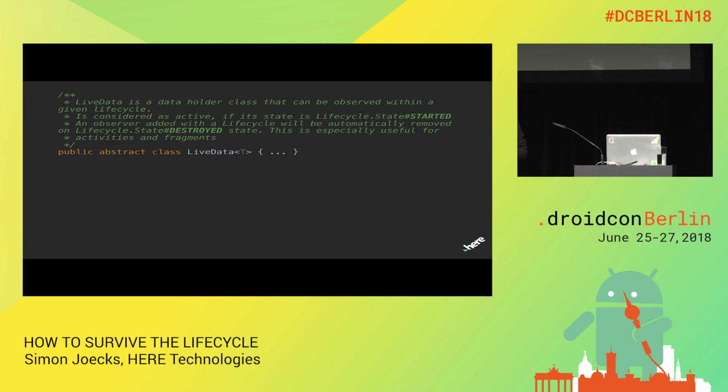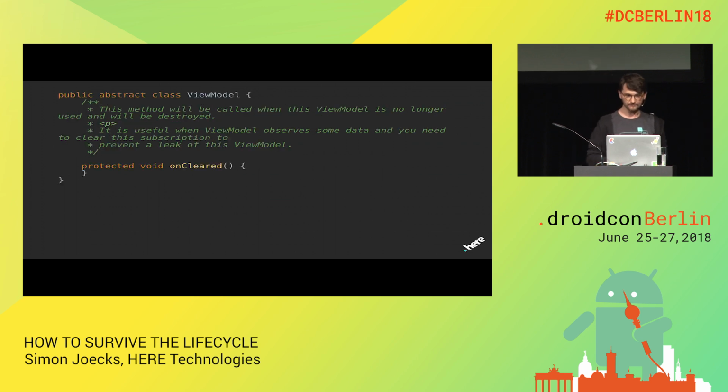You're basically just emitting data, producing it, and whenever anything happens to the life cycle, we get informed correctly. Very important to mention: it starts to emit data when it's fresh, when you come into the lifecycle on start, and it automatically removes all the observers on destroy. We're going to come to this point in a second, because it's important to realize this.